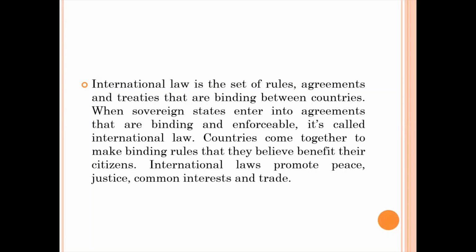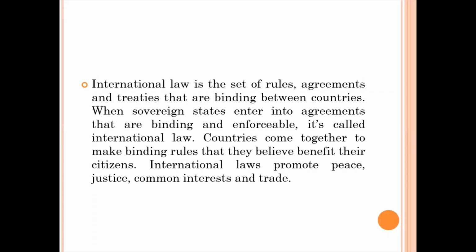International law is the set of rules, agreements, and treaties. All the treaties that come under international laws are binding between countries. It means these laws are imposed on countries and vary according to the country.